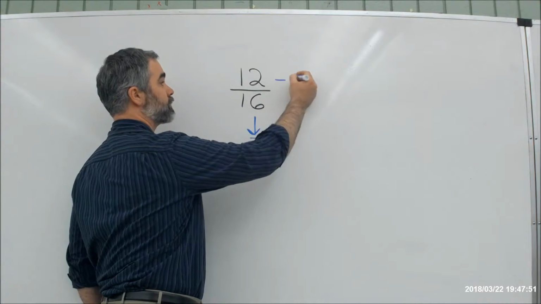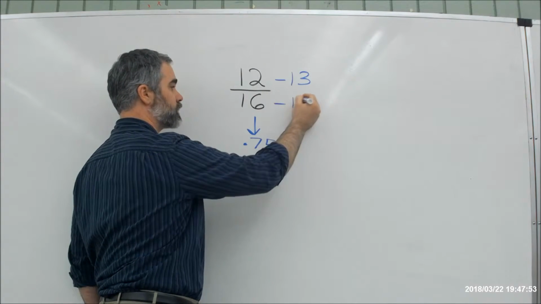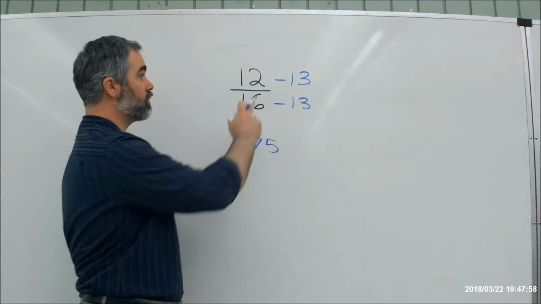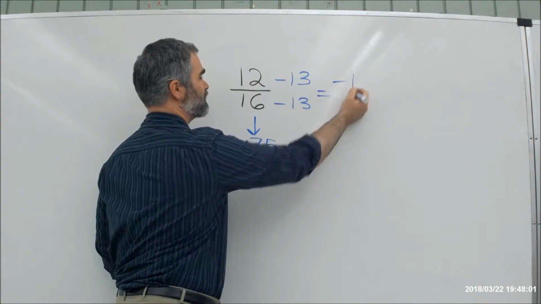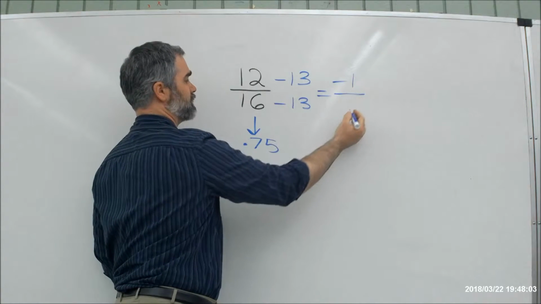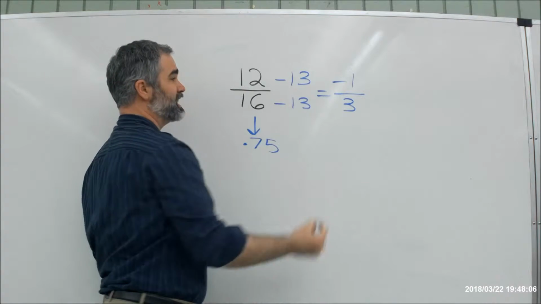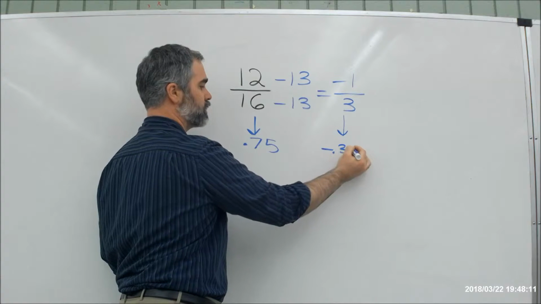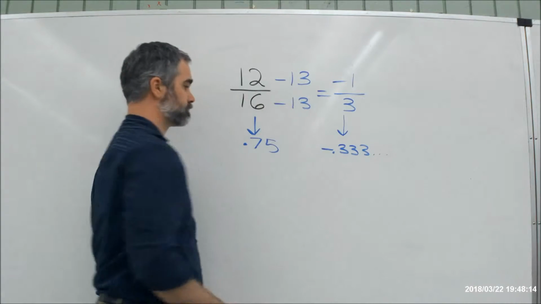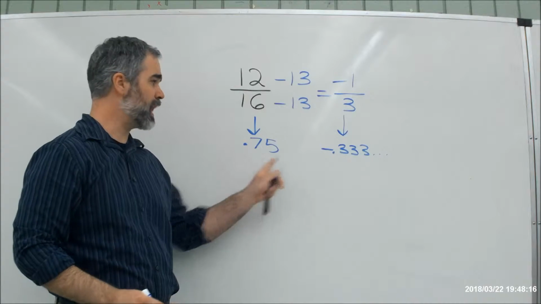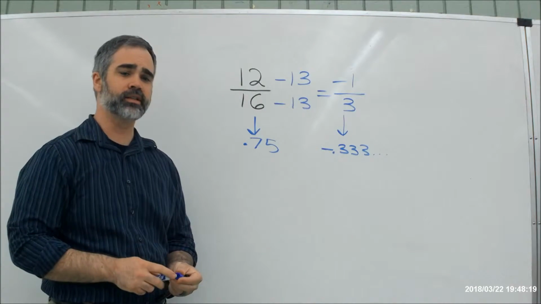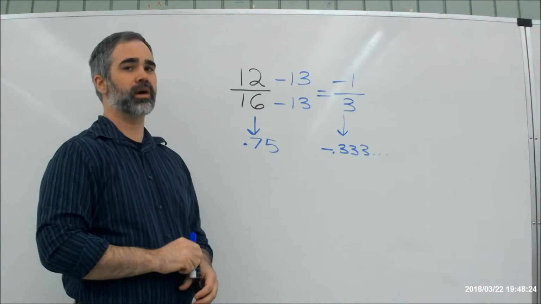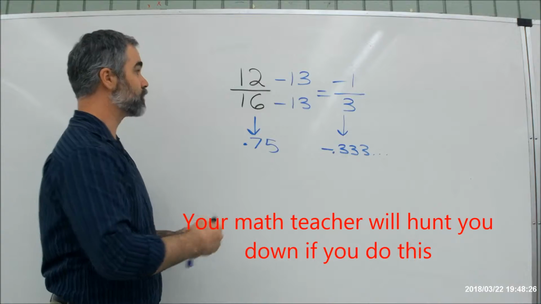I could subtract 13 from the top, and I could subtract 13 from the bottom, and let's see what I end up with here. 12 minus 13 gives me -1. 16 minus 13 gives me +3. -1/3, if you type that in your calculator, ends up with -0.3 repeating. These are very different. I went from a positive to a negative. They're not equivalent. You cannot, and I repeat, you cannot do the same thing you do to the top that you do to the bottom. That is not going to work. These are not equivalent.